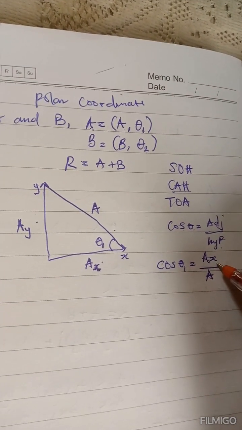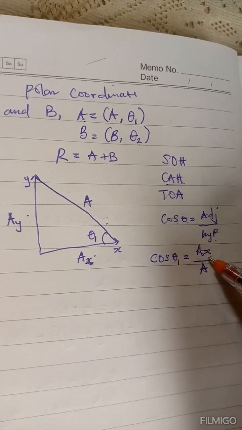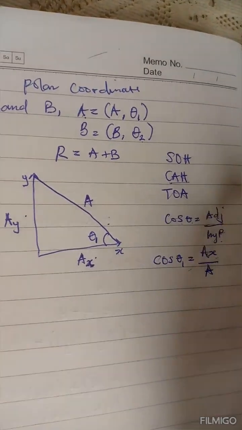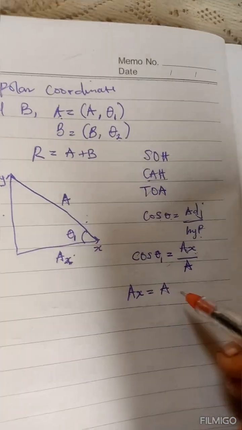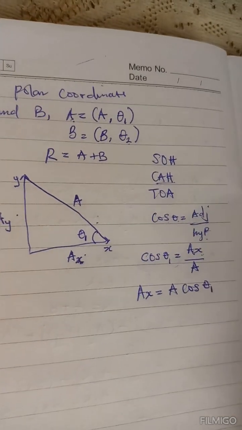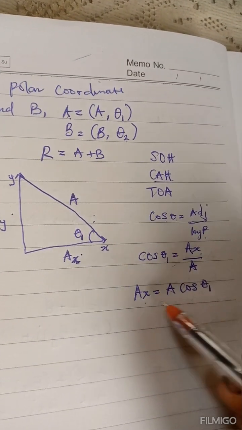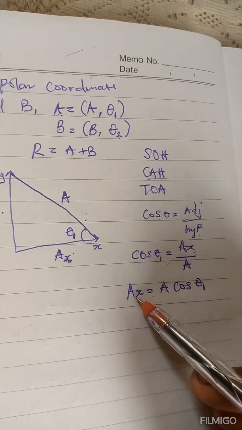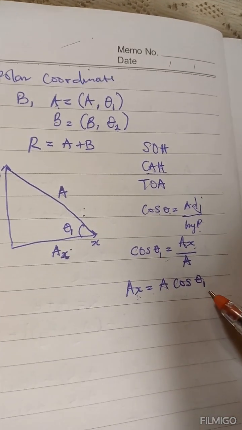Remember that I'm trying to look for ax, so I make ax the subject of the formula by cross multiplying. So then I have ax equal a cos theta 1. This is my ax, my vector component x.